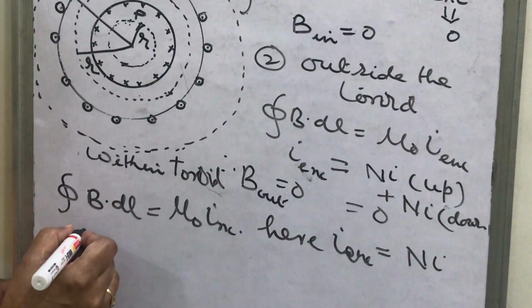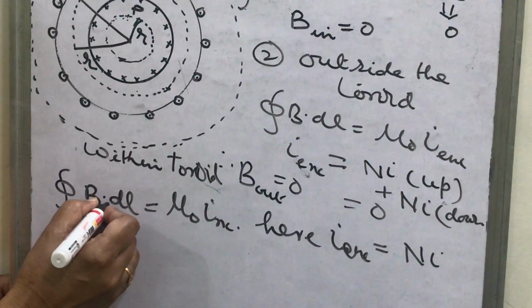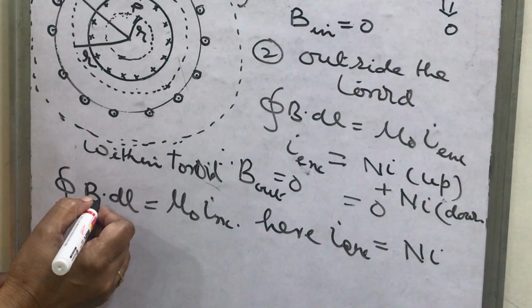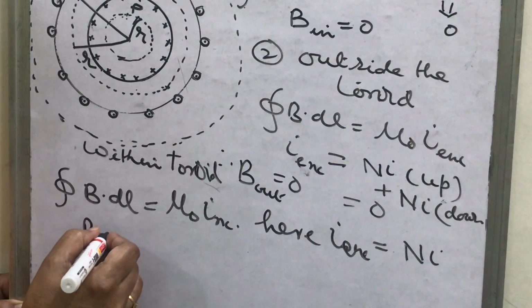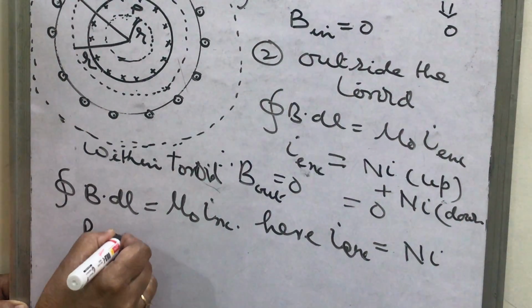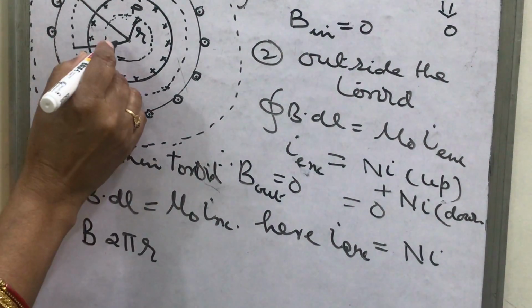Here, B dot dl: this is B, and what will be dl? Look here, this dl will be 2 pi r if this is the r.